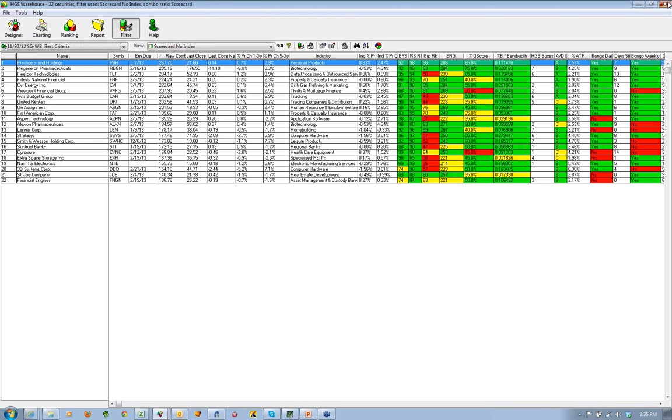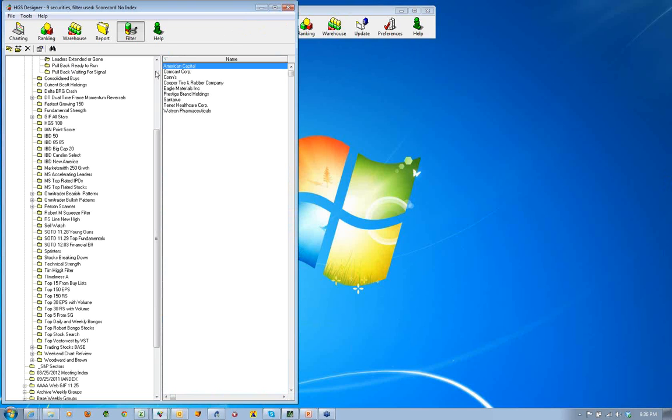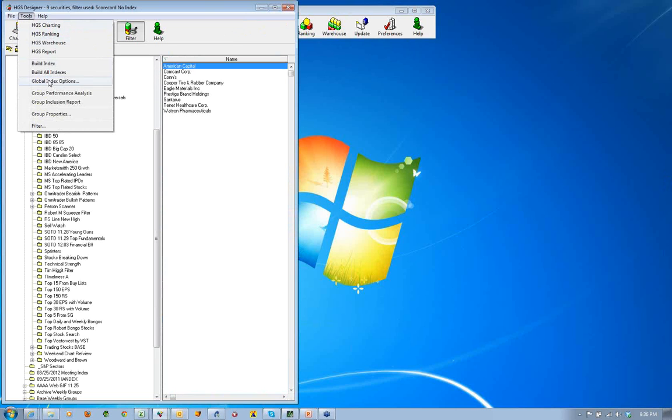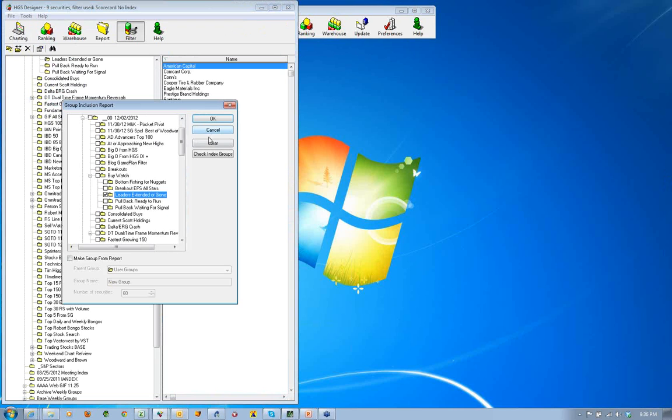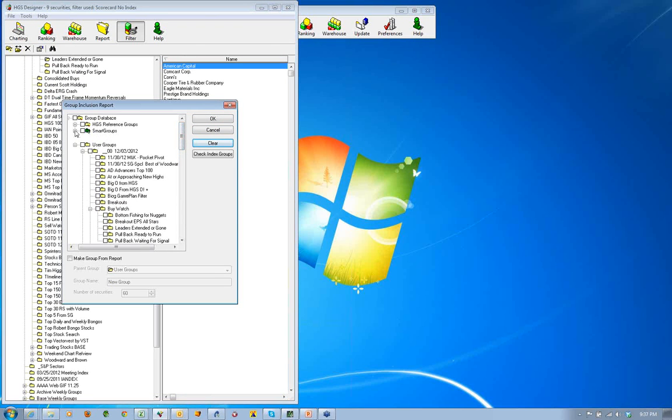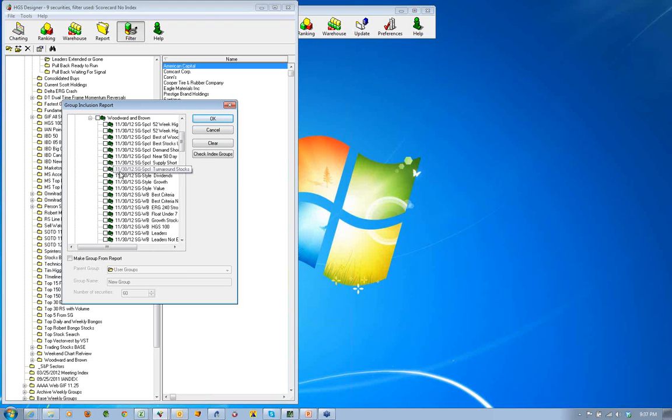So I'm going to go into my designer, and I'm going to open up group inclusion filter. I'm going to clear. Then I'm going to go up here in the smart groups. I'm going to pick 5 or 6 of them. I'm going to pick pocket pivots, and I'm going to pick best criteria, ERG 240, growth, HGS 100 leaders, quarterly EPS strength, and strong EPS relative strength near 52-week high.